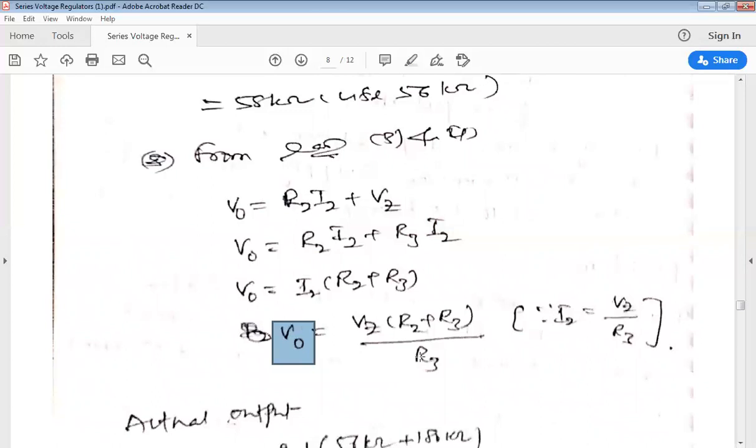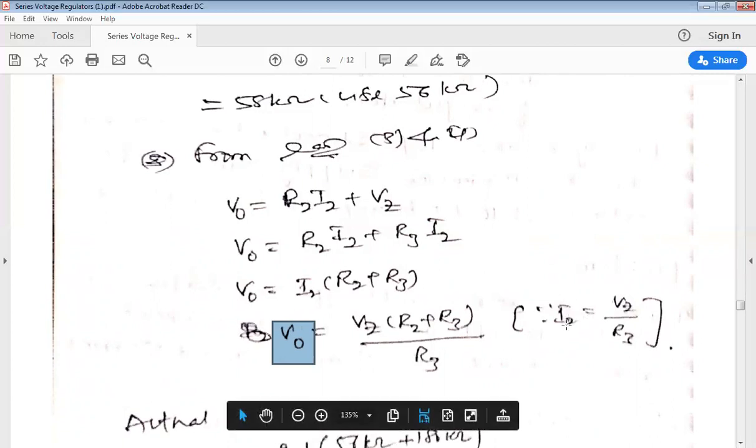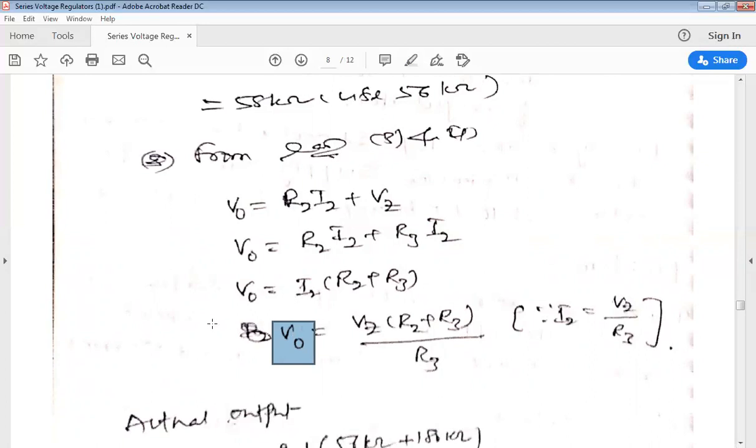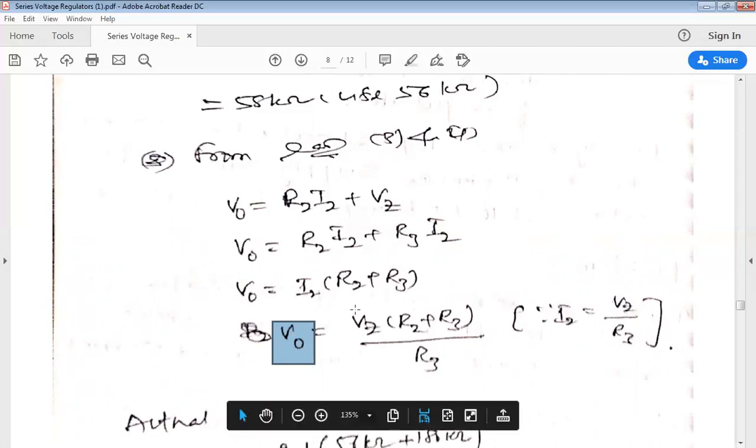Therefore, I2 is equal to V naught divided by R2 plus R3. Then what is the value of V naught? V naught is equal to Vz into R2 plus R3 divided by R3.